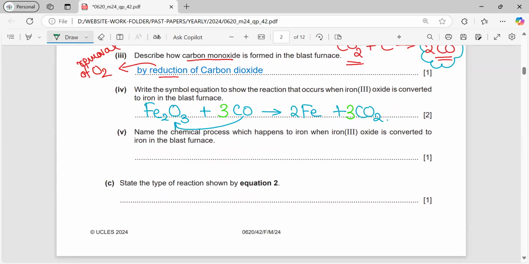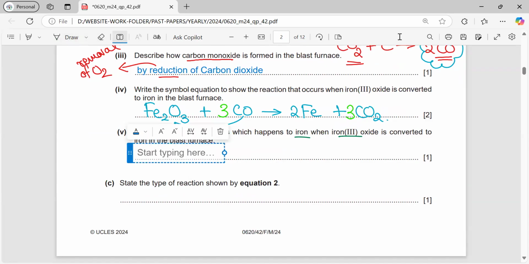Next question, name the chemical process which happens to iron in the iron oxide when iron oxide is converted to iron in the blast furnace. So what is happening here to the iron oxide? It is getting reduced. So the process is reduction. State the type of reaction shown by equation 2.